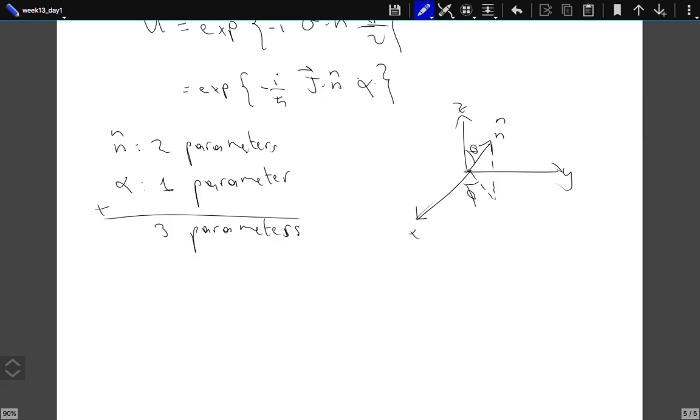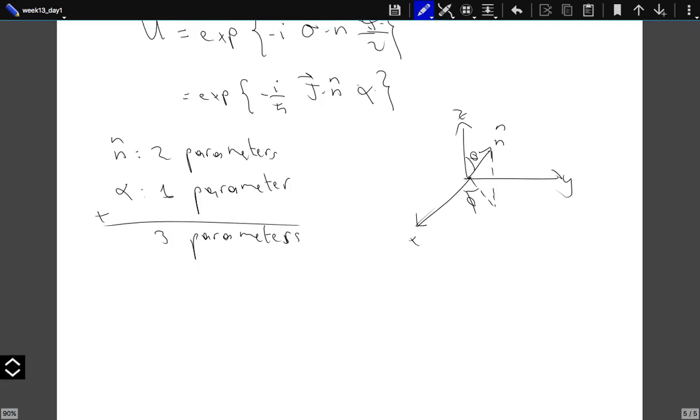If you tell me these 3 parameters, I can uniquely specify an arbitrary rotation. This is one way of parameterizing those rotations, specifying the theta and phi angles of the unit rotation axis, and then specifying how much we rotate around that axis.